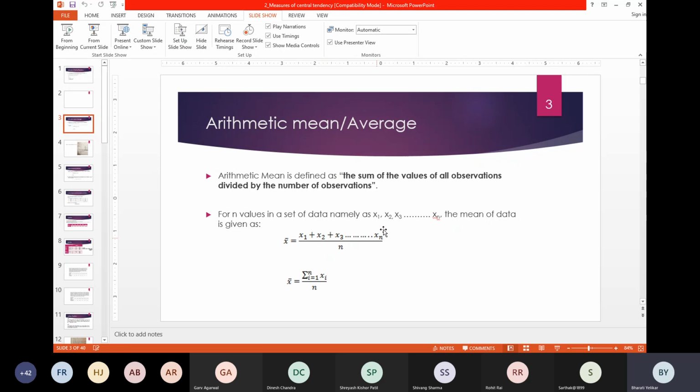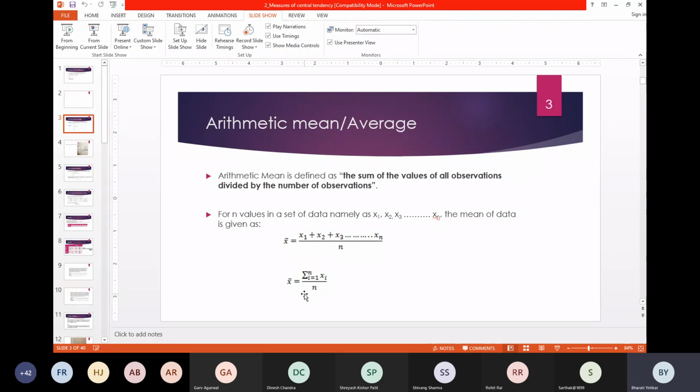It is defined as the sum of values of all observations divided by the number of observations. For n values in a set of data, namely x1, x2, x3 up to xn, the mean of the data is given as x bar equal to (x1 + x2 + x3 + ... + xn) divided by n.